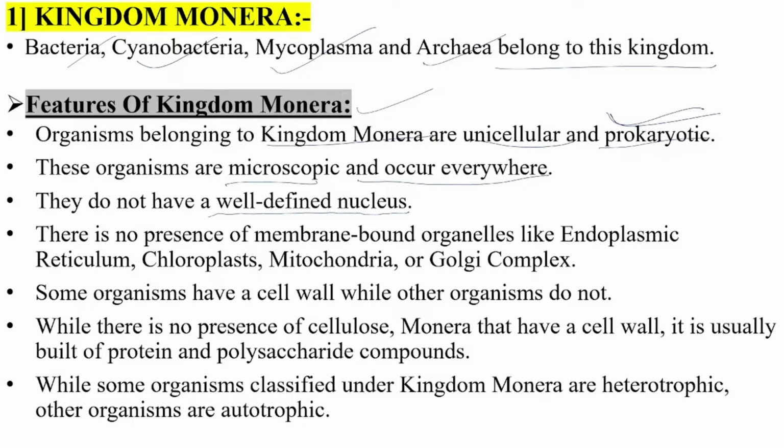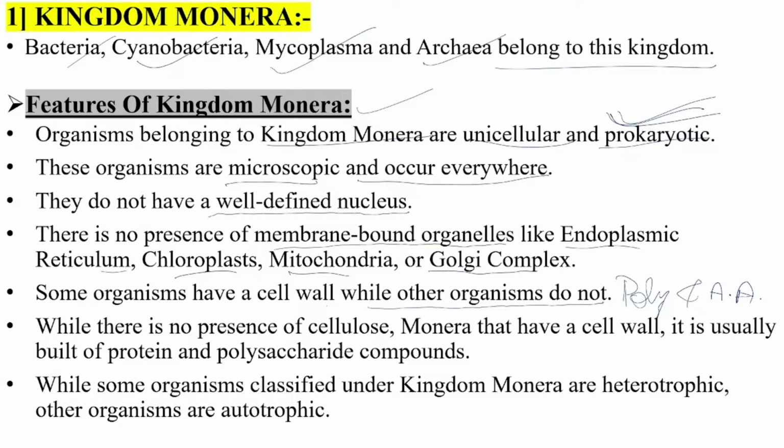There is no presence of membrane-bound organelles like endoplasmic reticulum, chloroplast, mitochondria, or Golgi complex. Why? Because they are prokaryotic. Some organisms have a cell wall while other organisms do not. Okay. And another point is the cell wall is made up of polysaccharides and amino acids.